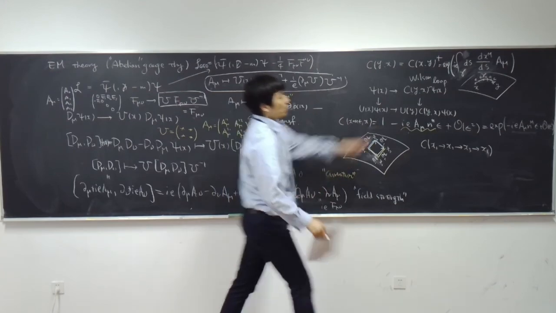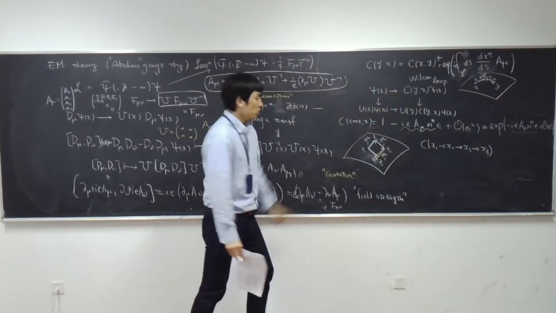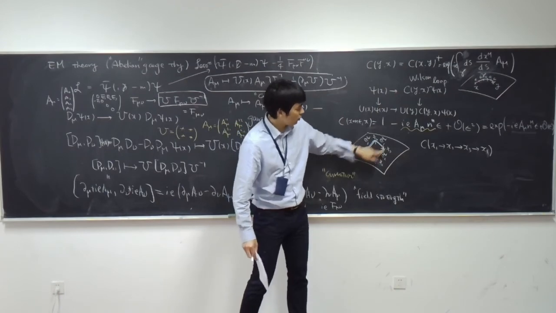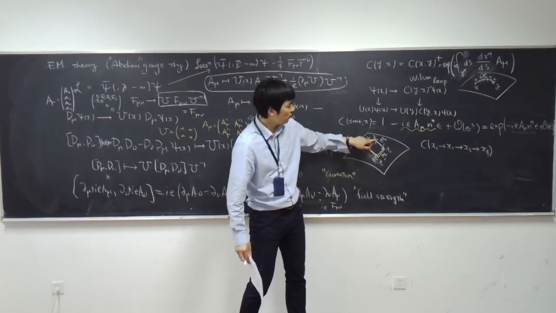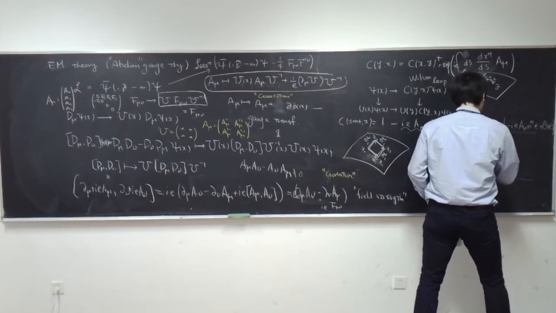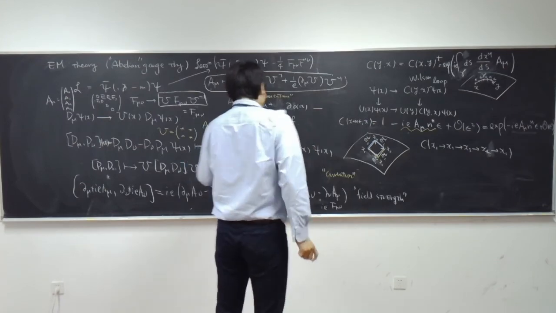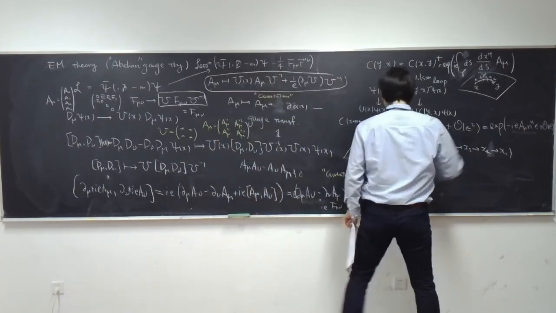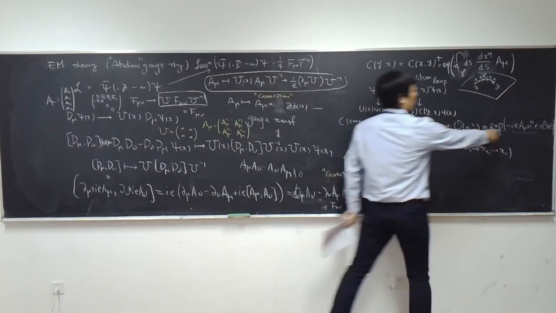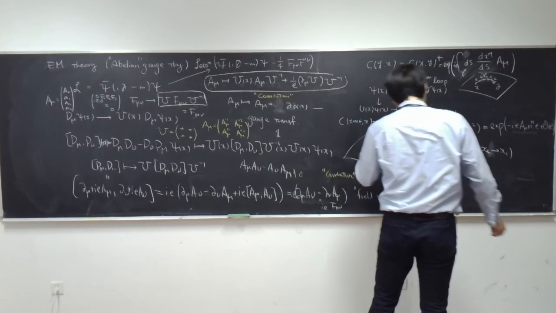As I mentioned, this really depends on gamma, the path you take. Each path will give you an exponential of i, and you have to be careful about which epsilon you take.